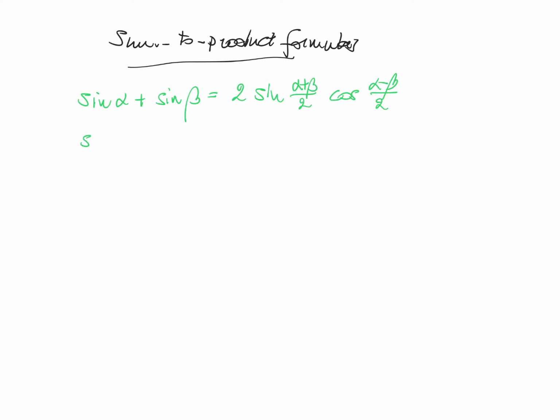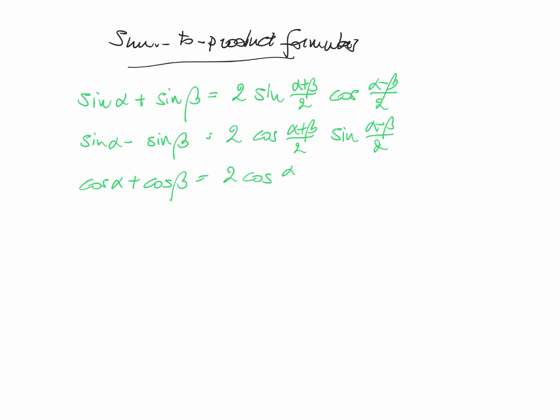We also have sine alpha minus sine beta. This is 2 times cosine alpha plus beta over 2 times sine alpha minus beta over 2. If we have a sum of cosines, cosine alpha plus cosine beta, then it is 2 times cosine alpha plus beta over 2 times the cosine of alpha minus beta over 2.